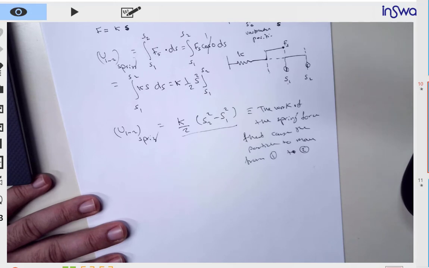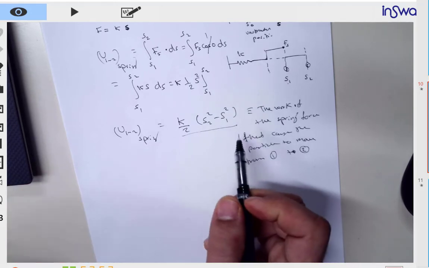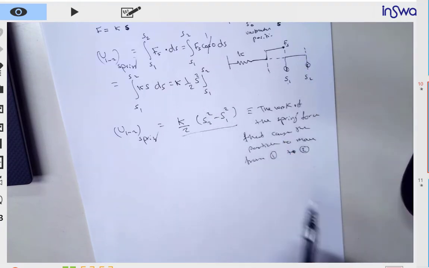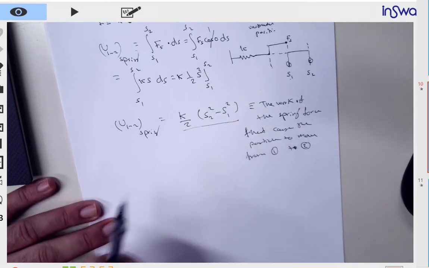Now, if S2 is greater than S1, then we expect that to be positive, and otherwise it will be negative. Okay, so this is the work of the spring force that causes the particle to move from S1 to S2.